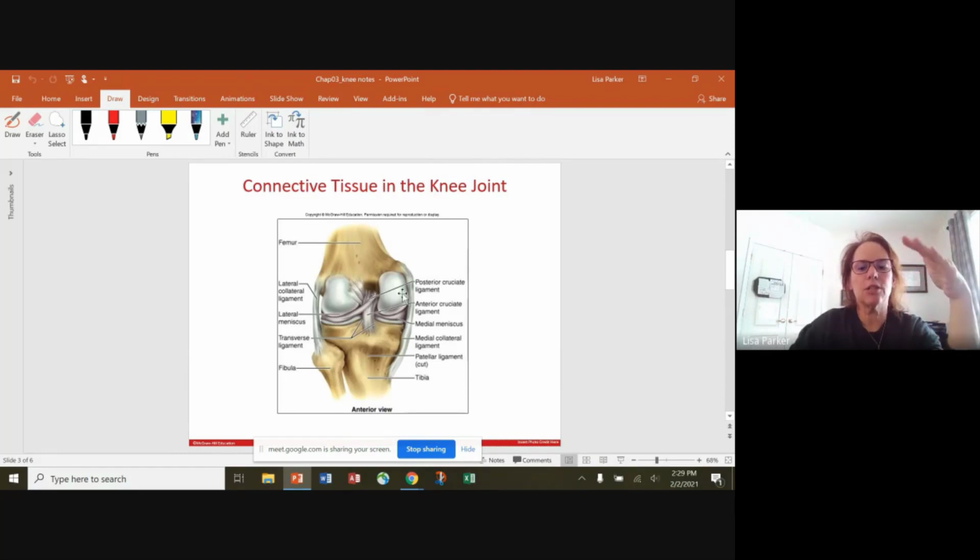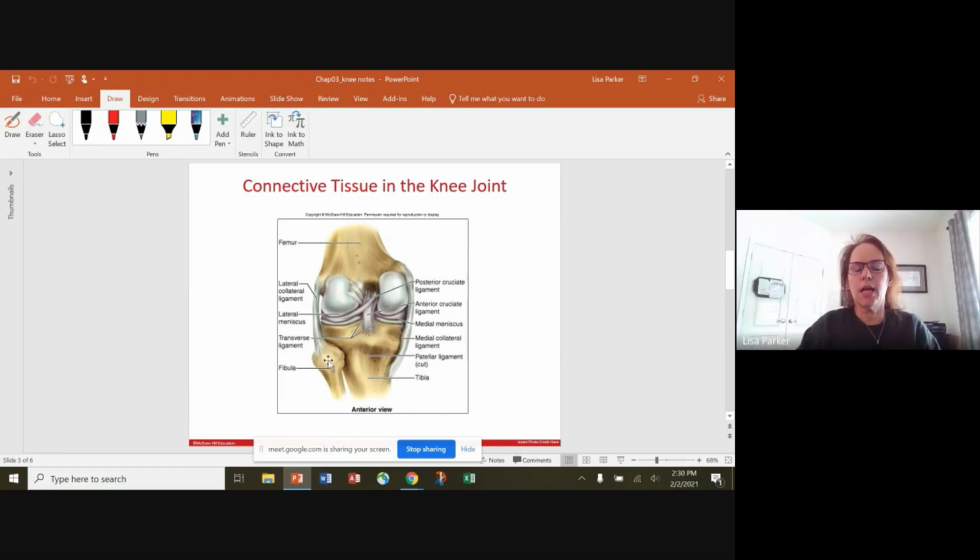So this is an anterior view of the knee, so you're looking directly at the front of a knee. Now can you guess, is it a right knee or a left knee? What do you think? This is a right knee, and how can I tell just by looking at it? I can tell because the fibula over here is on this side. So I know the fibula is lateral.